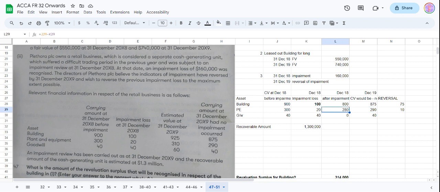On goodwill we can't reverse, as we discussed. So the total reversal we can have is 85 only. 85,000. All these numbers are in thousands, and we need to answer in dollars, so we'll multiply it by 1,000. So 85,000.